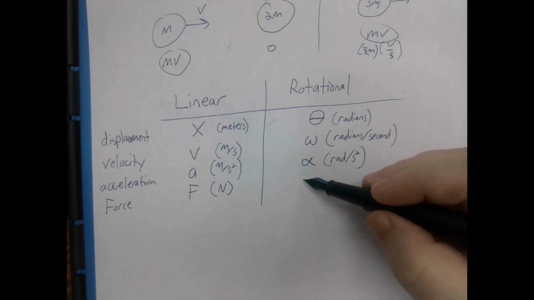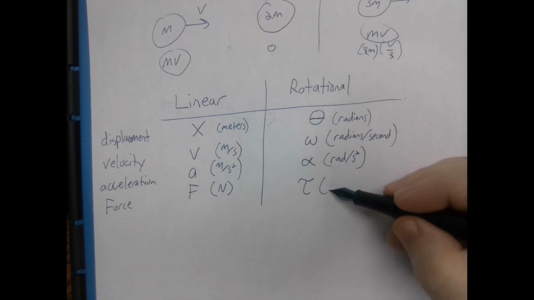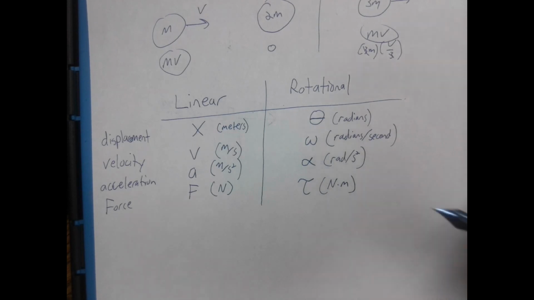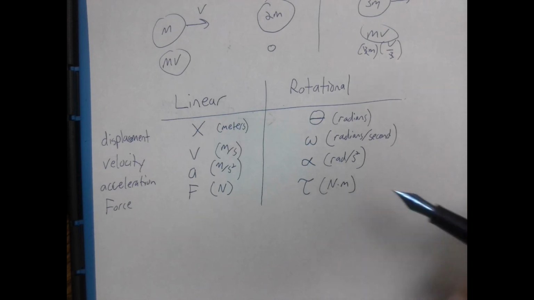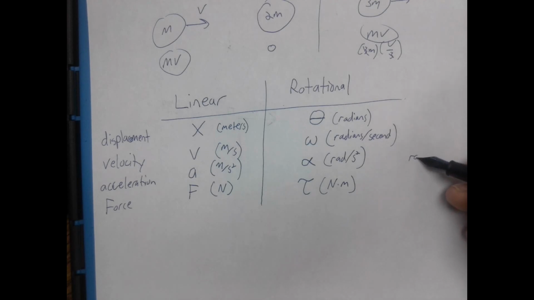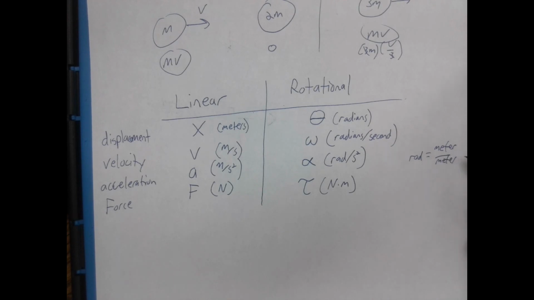And in rotational, force is torque, which is newton times meter. Technically, there's a radian in here too, but radian is considered a unitless unit. It's an imaginary unit. A radian can be thought of as a meter divided by a meter, which cancels each other out.